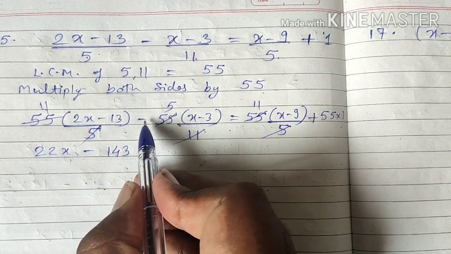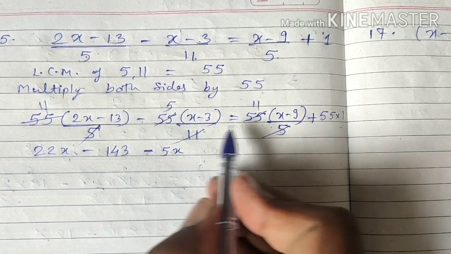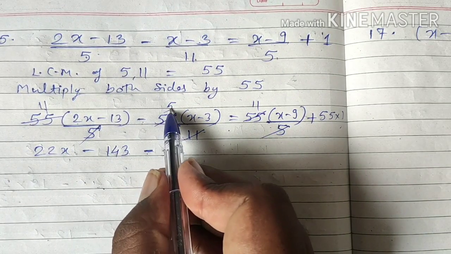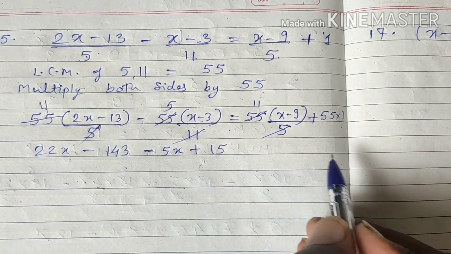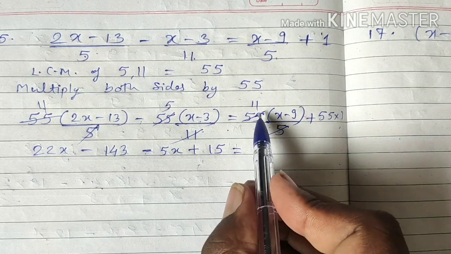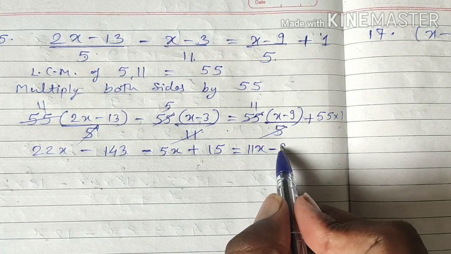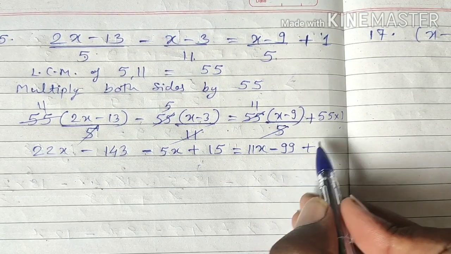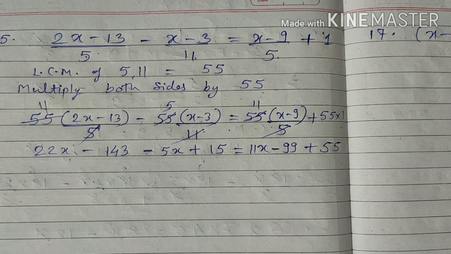Then there is a minus 5. Minus 5 into x, it is minus 5x. And again minus 5 multiplied by minus 3 will be plus 15. Got it? On the other side, 11 into x, 11x. 11 into 9, minus 99. Plus 55 ones are 55. Got it?